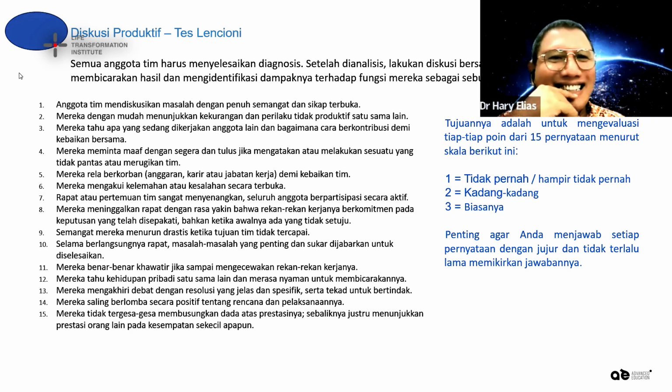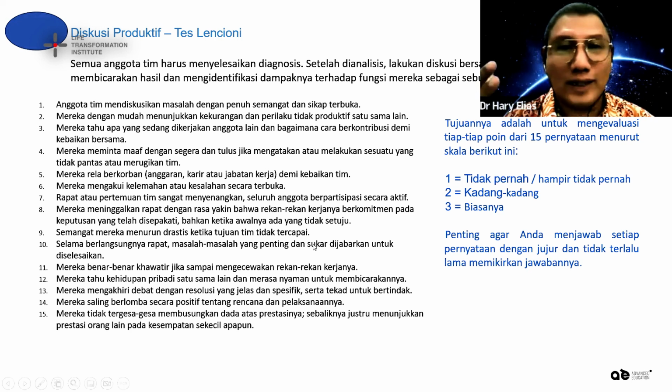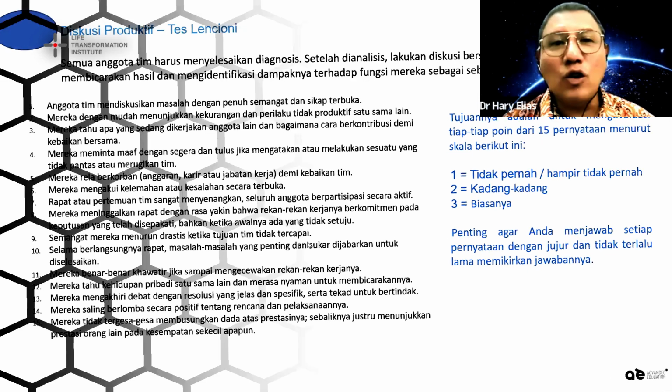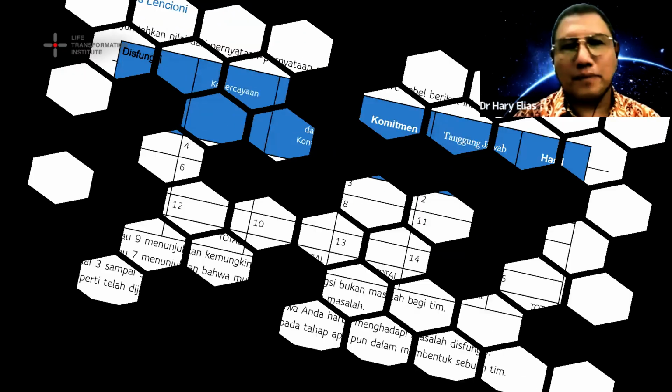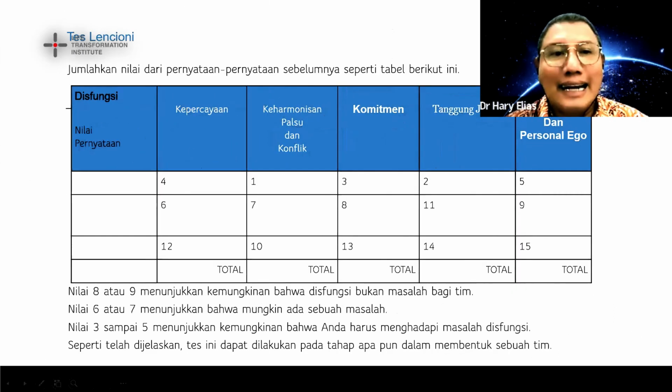Sudah selesai. Now, the next thing I want you to do is this. You're going to fill up a table. Okay? Nah, lihat ini. Untuk 4, 6, dan 12. Untuk kalimat 4, berapa nilainya? Untuk 6, berapa nilainya? Untuk kalimat 12, berapa nilainya?